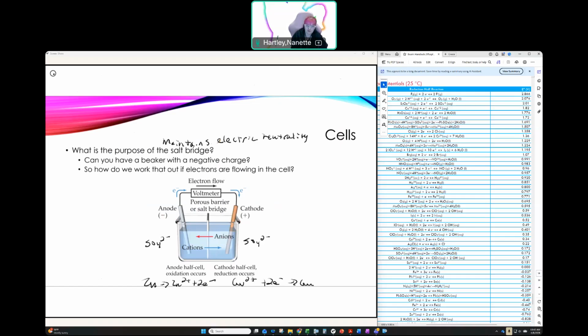We can't have that. So that's how that has to happen. Those are two ways we typically look at these kinds of cells.